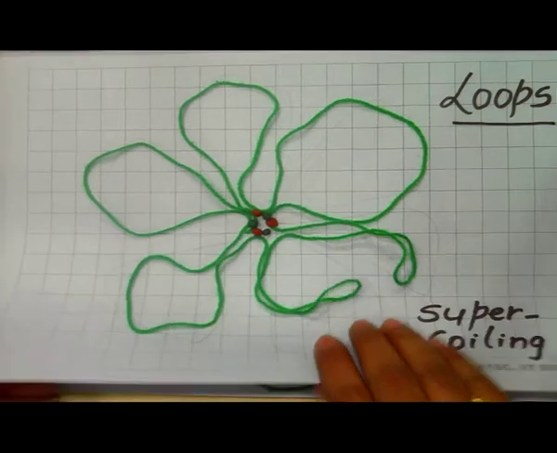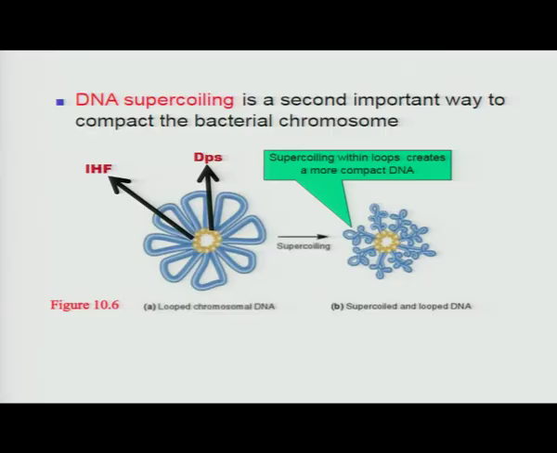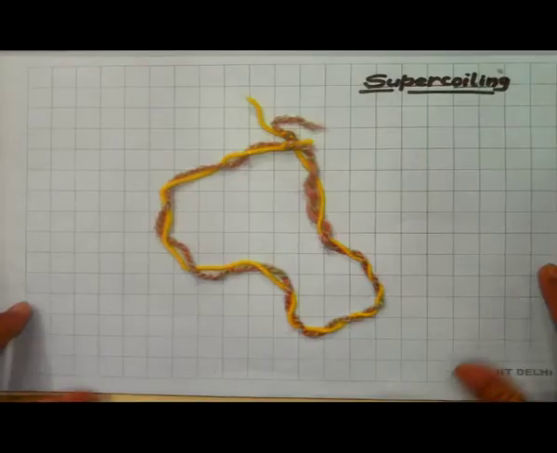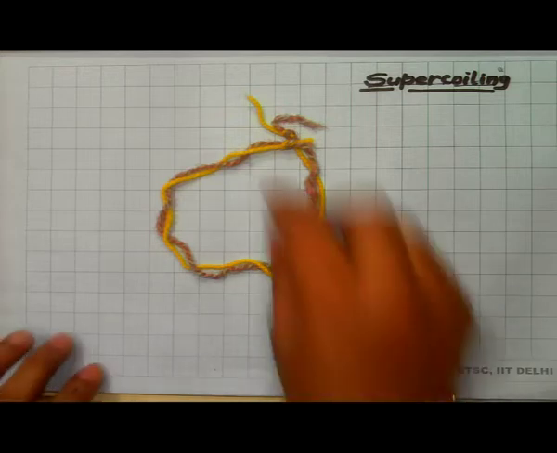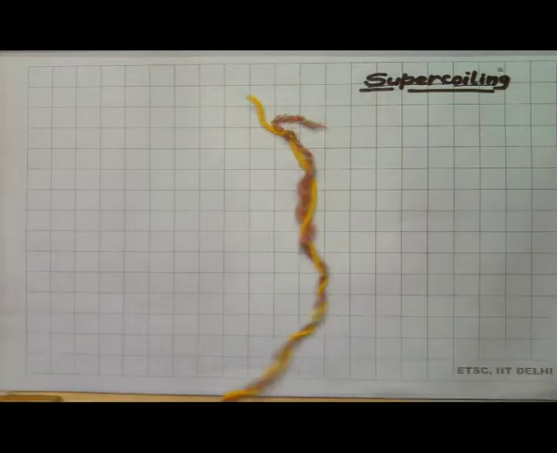Now let us know more about supercoiling. Supercoiling is the rotation of the DNA molecule, which may be positive supercoiling or negative supercoiling.